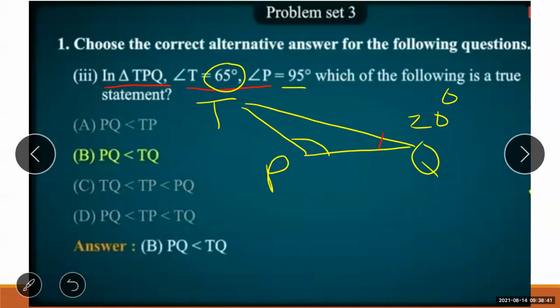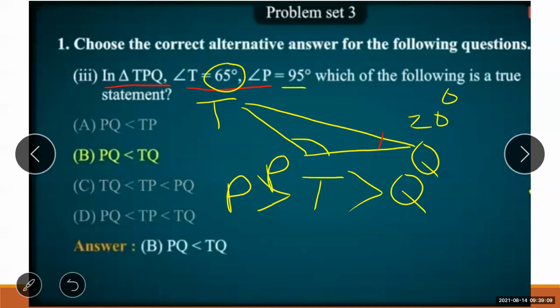As angle P is 95 degrees, angle P is the greatest angle, then T, and then angle Q. P is greater than T and T is greater than Q. Now write the sides opposite to each angle.